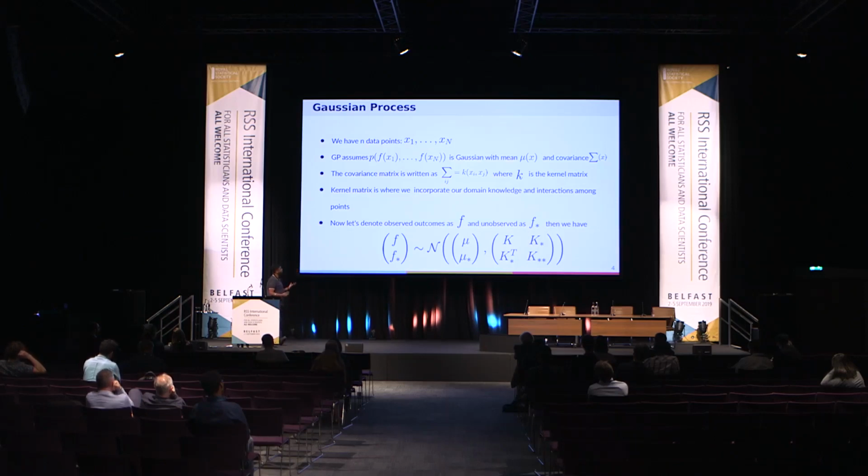Now when you want to do predictions for new points, f is everything that you have, and f star are the points for which you want to do predictions.